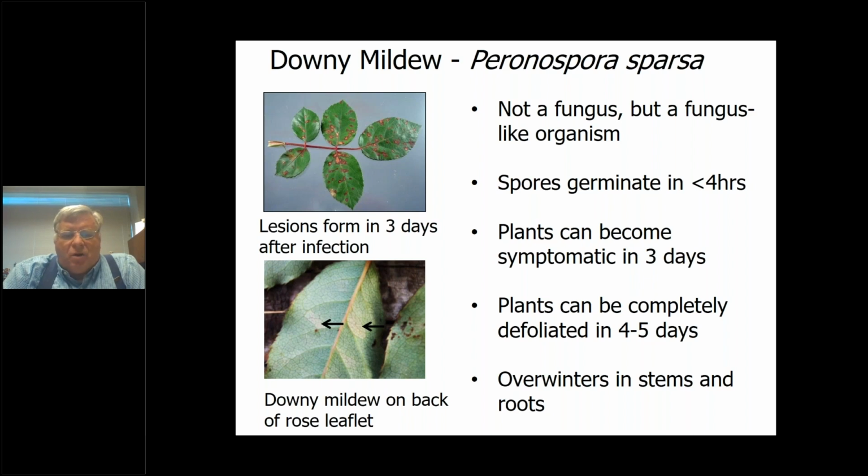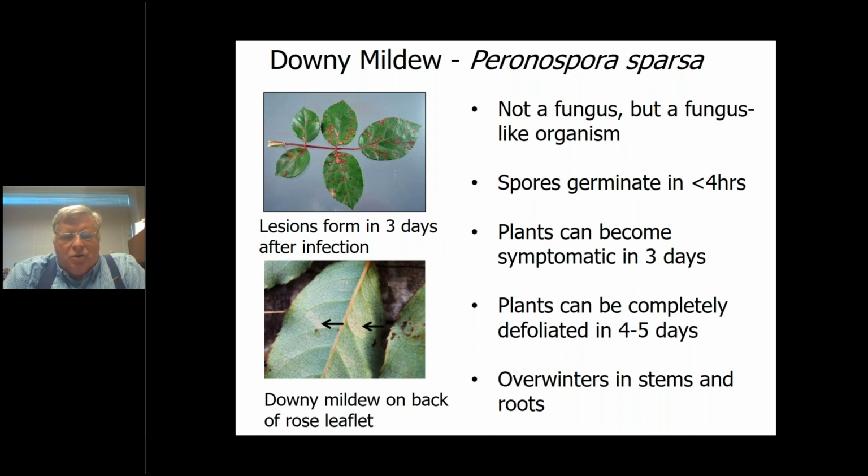The spores can germinate in just a few hours, and in 3 days, the plants can become symptomatic. And sometimes the plants will begin to defoliate before we see symptoms. Now, the species name of this Peronospora is sparsa, and that's because the amount of mycelium that you can see of this downy mildew is very, very sparse on the back of the leaves.